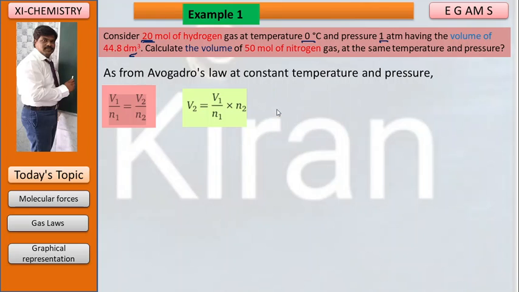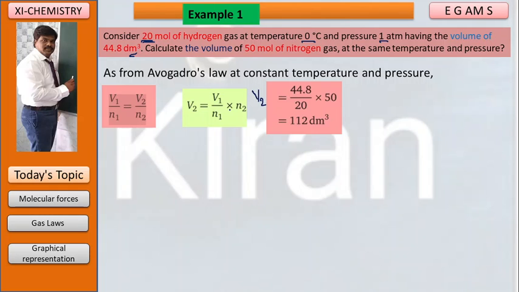As per the given data, see here, 44.8. This 44.8 is in dm cube, the unit for volume. So V1 is 44.8. They are asking V2. We are going to calculate V2.